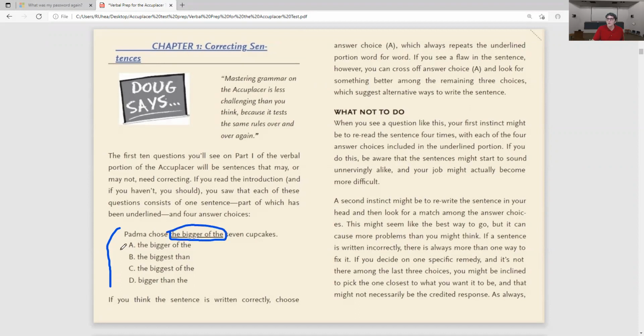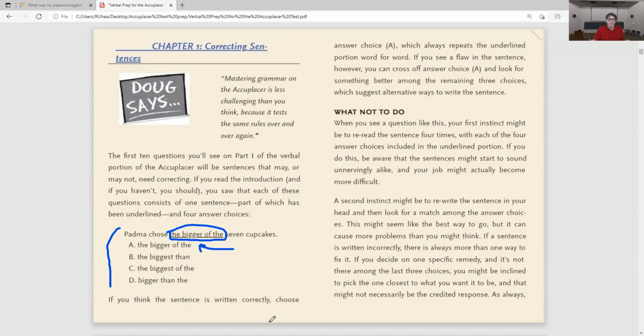And then it's a multiple choice question. You have A, B, C, and D. A, of course, is the same thing that is in the underlined portion of the sentence. It's the same thing. So if you believe that's the best choice, you'll pick A.